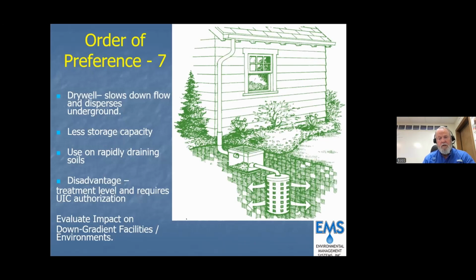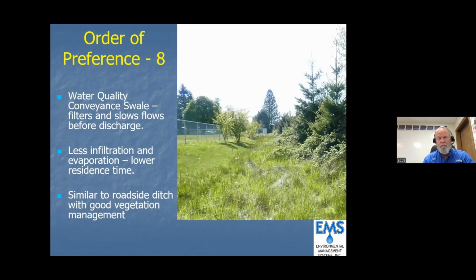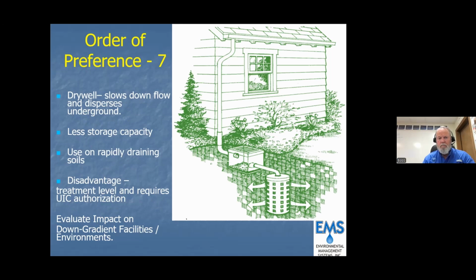And with something like this, as I mentioned, you can possibly put in a dry well if allowed, and if that isn't going to cause problems for downslope neighbors or to the groundwater. So that could also be an underground injection control well permit.